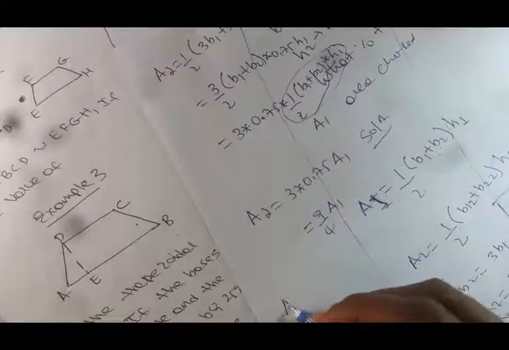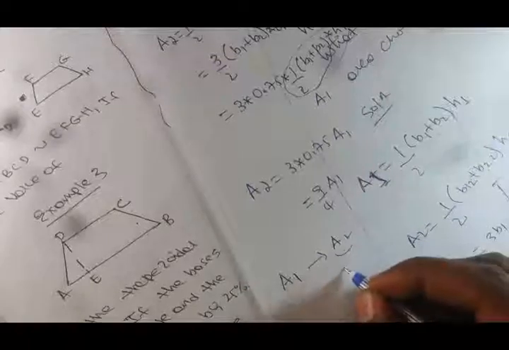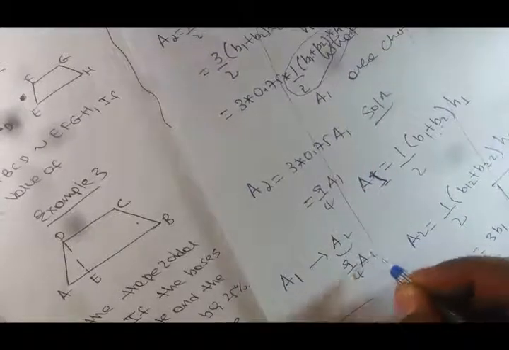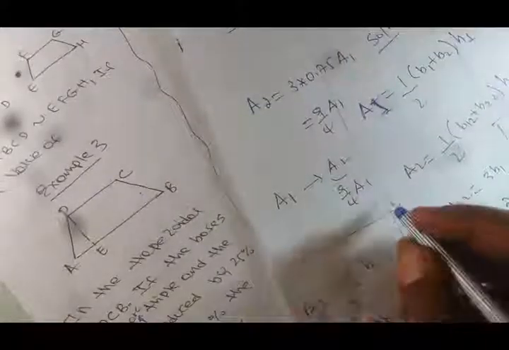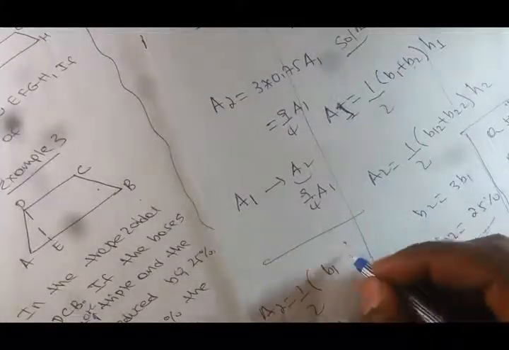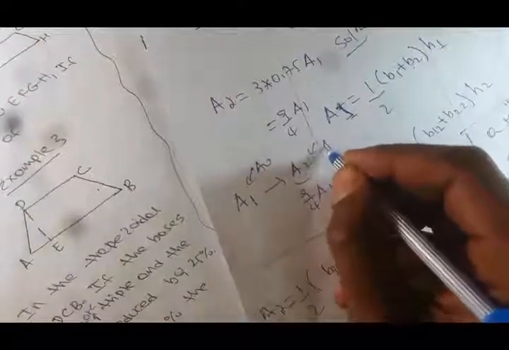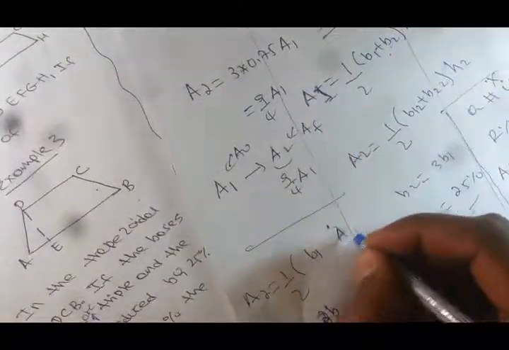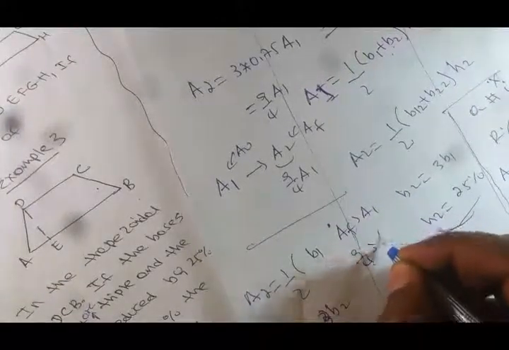And we know that we are already given A1 and our A2 value is what? 9 over 4 A1. First, we have to compare A1 with A2. A1 is, as we already know, our initial value and this is our final value. Therefore, in our case, AF is greater than A1 because 9 over 4 is greater than A1.